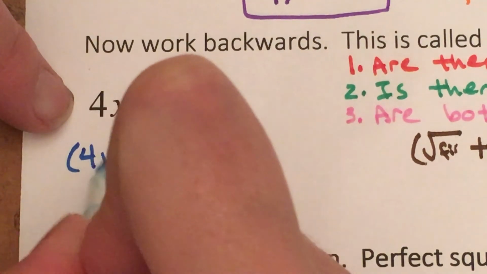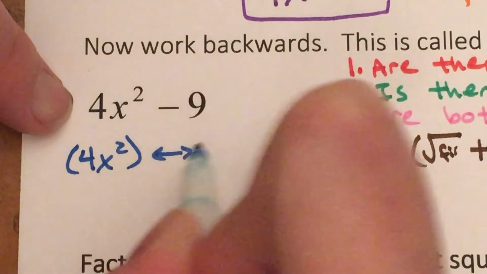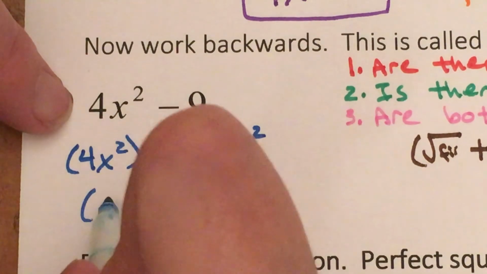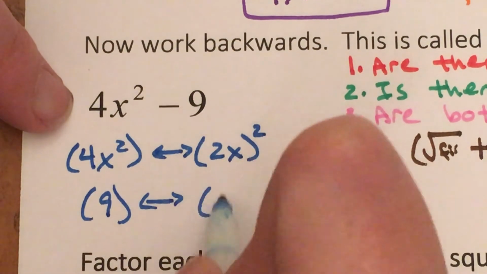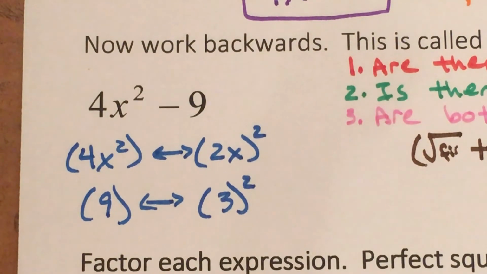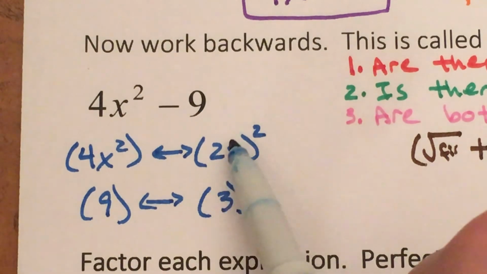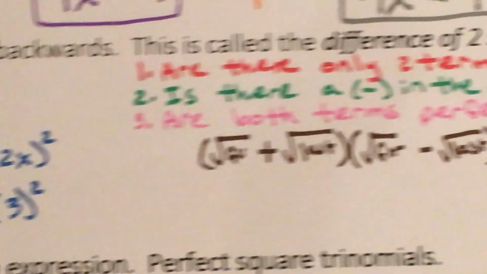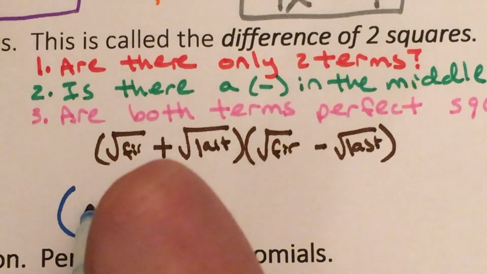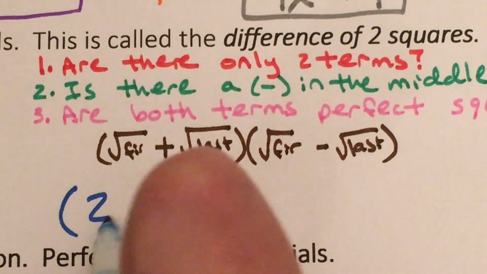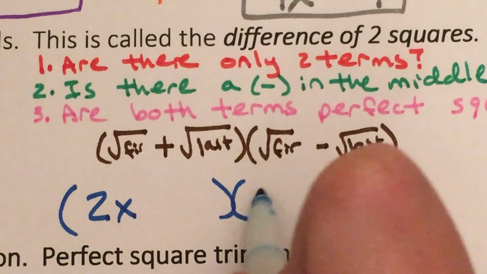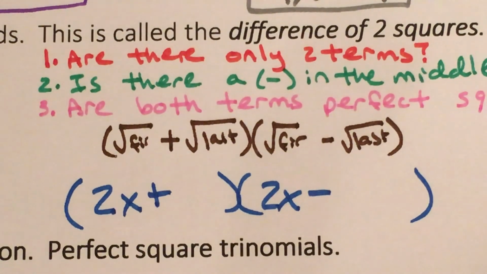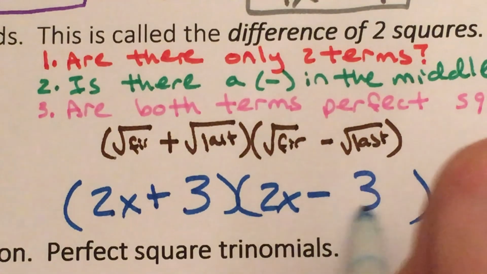Yeah, because 4x squared comes from 2x, quantity squared. 9 comes from 3 squared, because these are the square roots of those terms. That's where it comes from. All right, so let's do it. So I have my first term, 2x. I have a plus, I have a minus, and I have my second term, 3. Done.